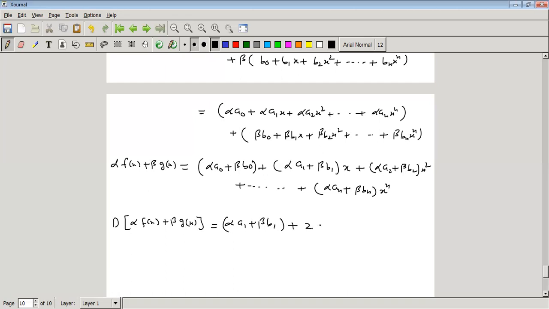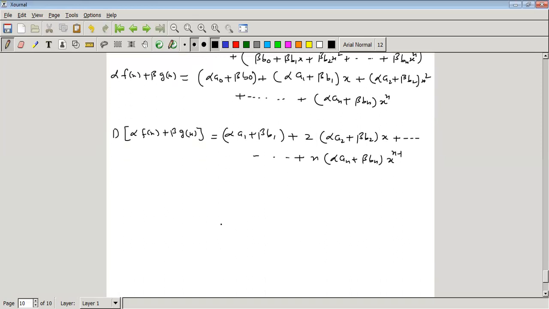Similarly, 2 times alpha a2 plus beta b2 times x, plus so on, plus n times alpha an plus beta bn x raised to power n minus 1. So this is the derivative of the above polynomial. So D acts as a differential operator, right?